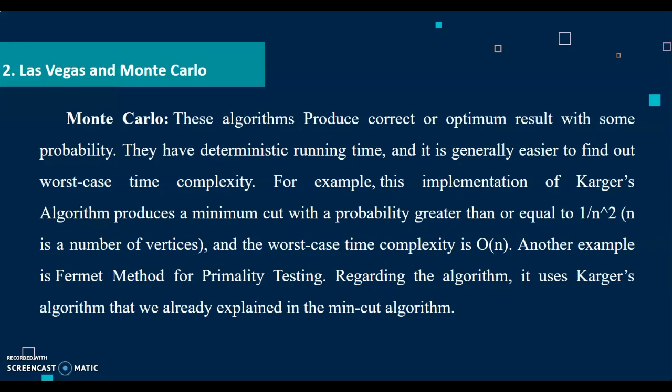The worst case time complexity is n. Another example is the Miller-Rabin method for primality testing. Regarding the algorithm, it uses Karger's algorithm that we already explained in the minimum cut algorithm.